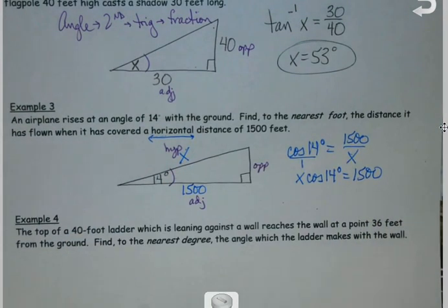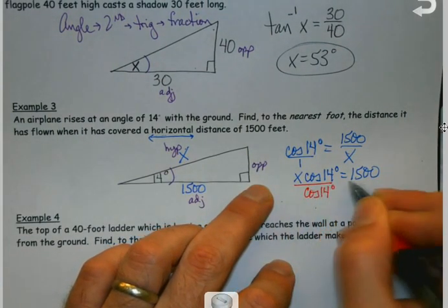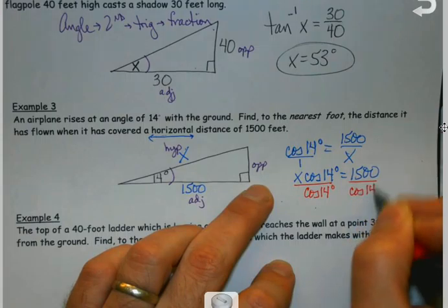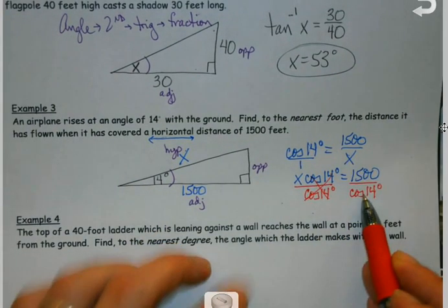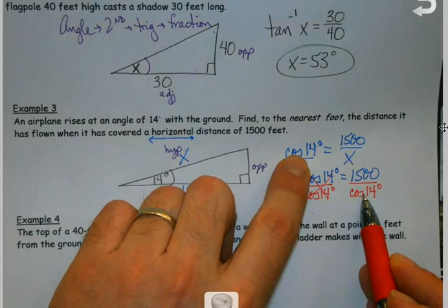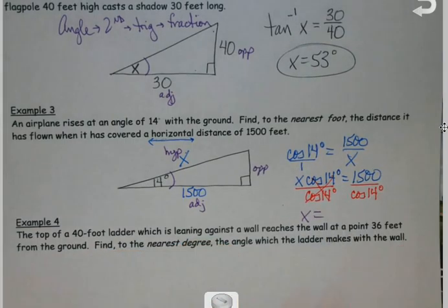But then since I'm trying to solve for x, I'd have to divide by my trig function. And that's what I said in the notes yesterday. If x is on the bottom, we're going to divide by this. If x is on top, we're going to multiply by this when we get to the end. It's just a shortcut, but I can still get to my answer this way. It's not a big deal.